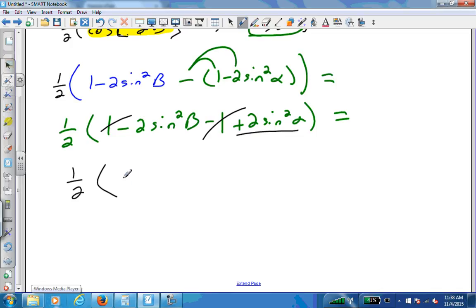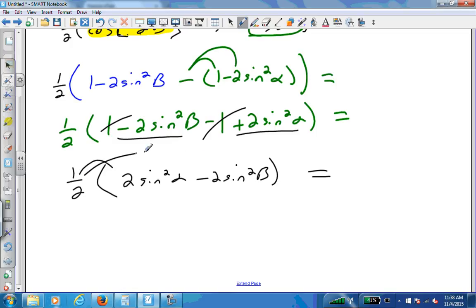This term is positive, so let's call that 2 sine squared alpha minus 2 sine squared beta. If we distribute the 1/2, half of 2 is 1. Half of 2 is 1. And that's exactly what we started with on the right side.